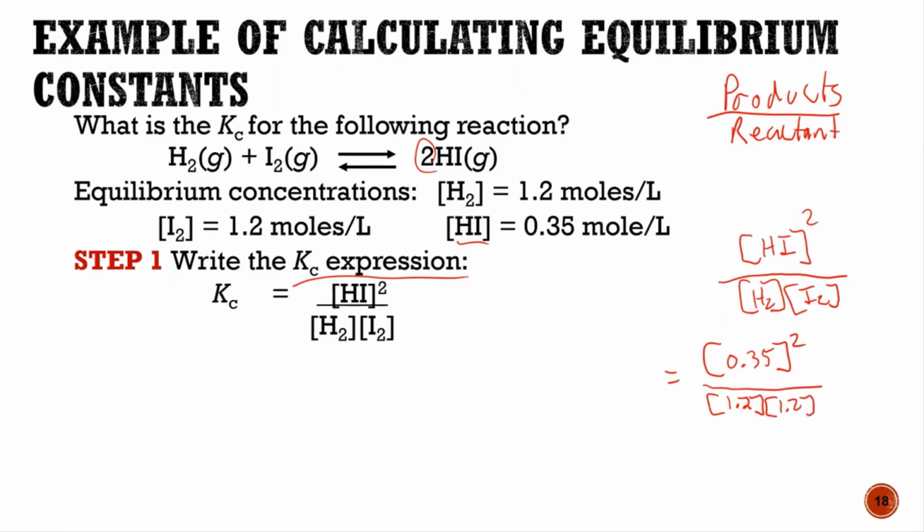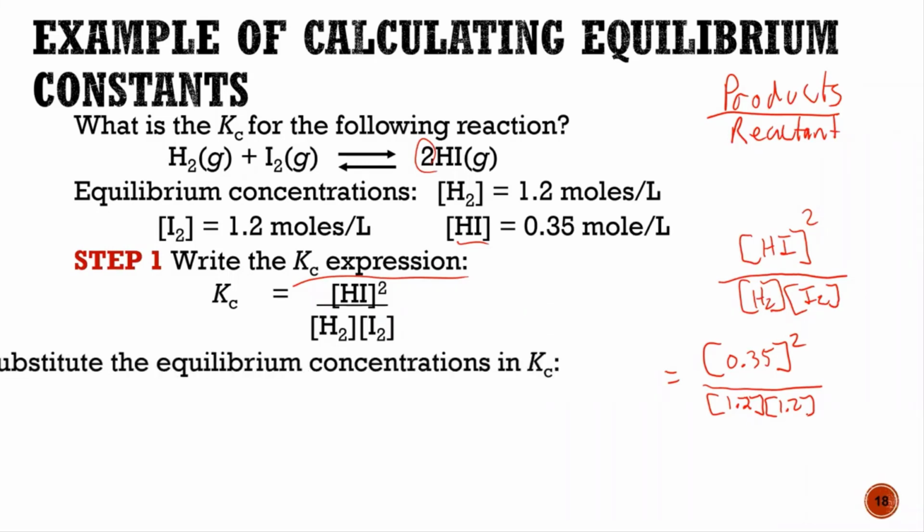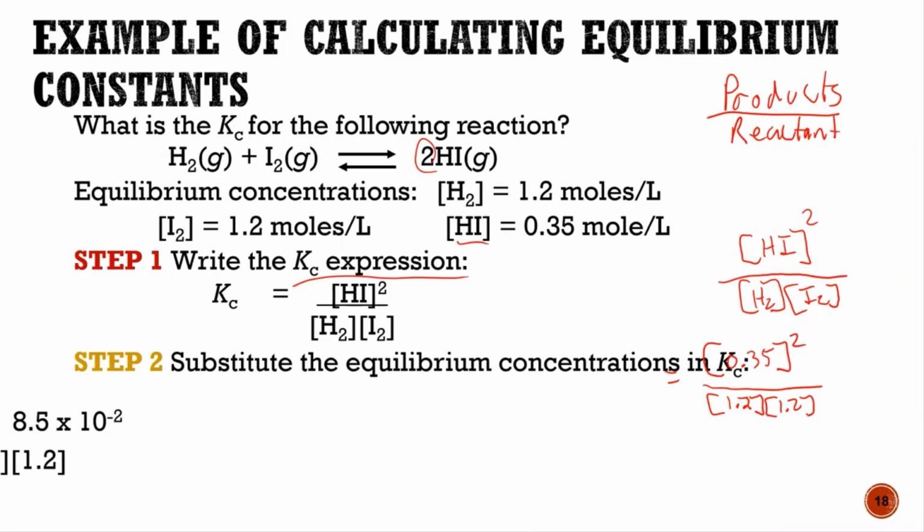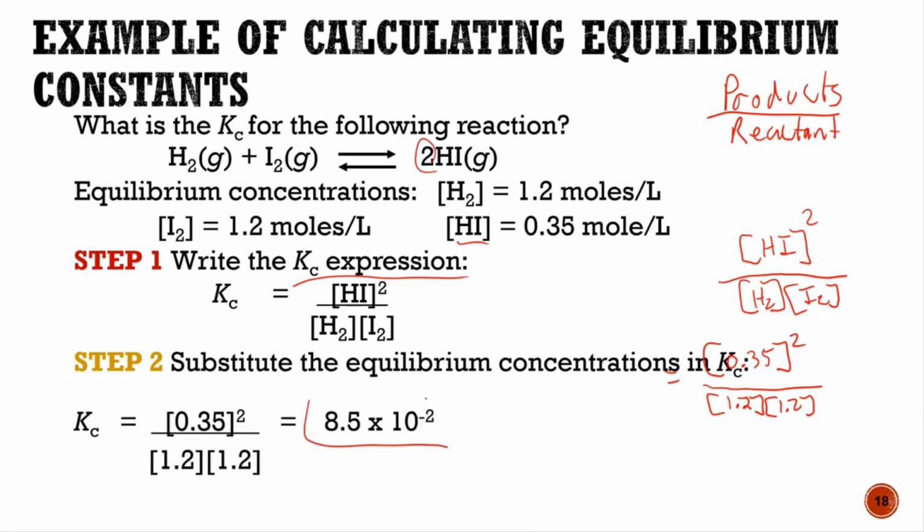Then I plug those values in the calculator, and I should get this value right here, 8.5 times 10 to the negative 2. So now I've actually calculated what that constant at equilibrium is.